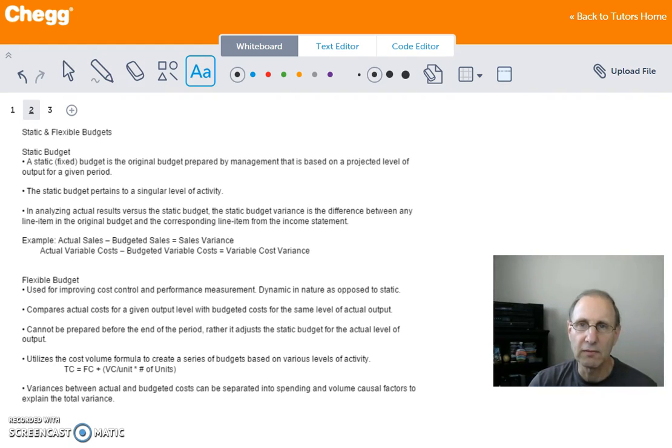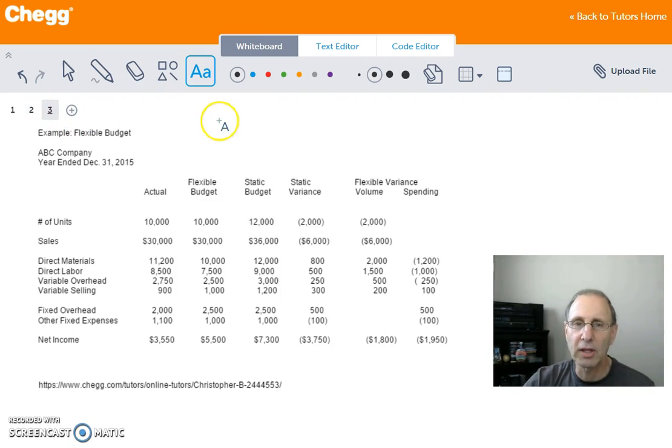When looking at the variances in a flexible budget between actual and budgeted costs, you can then separate those variances into spending and volume causal factors to give a more detailed look at the results. The best way to illustrate this is to look at an example of a flexible and static budget, comparing it to the actual results and computing the various variances.